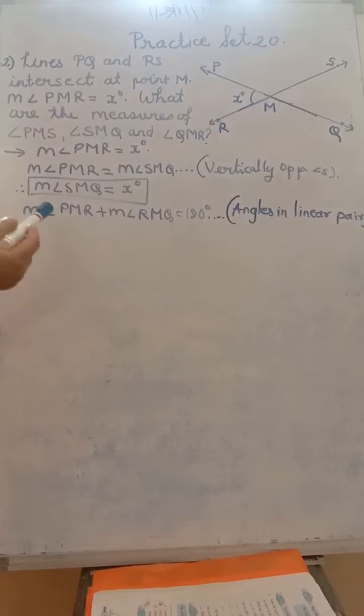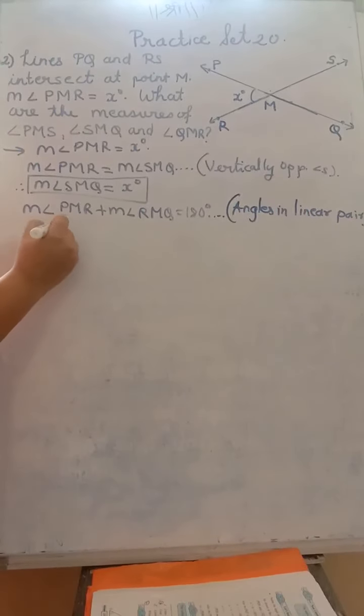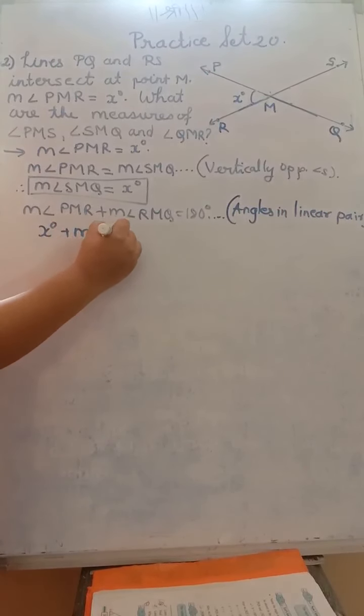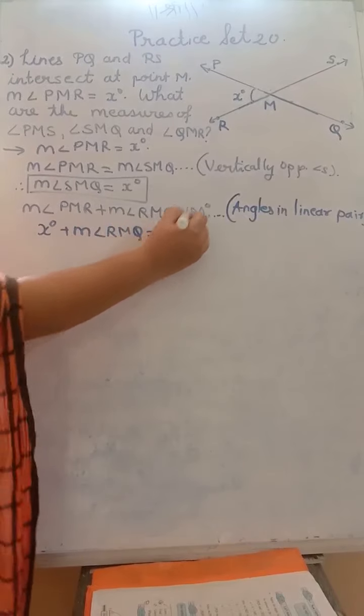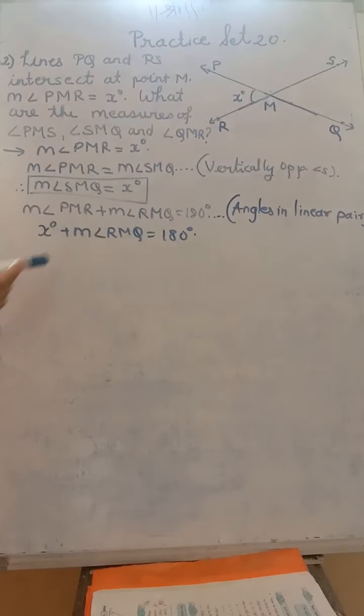Okay. So, now measure of angle PMR. What is that? X degree. Okay. Plus this we don't know, so write it as it is. RMQ is equals to 180 degree. Now we want to find value of RMQ. So this positive we will take to other side, it will be negative.